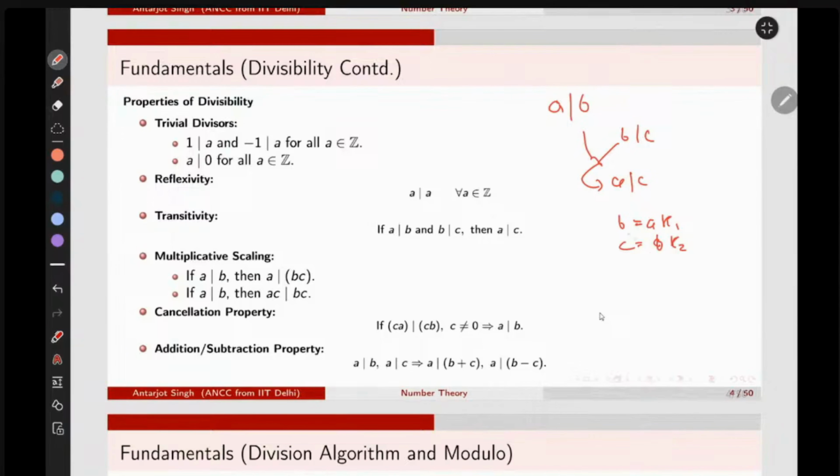We put the value of B here, so C is A K1 K2, and the product of two integers is also an integer. By the definition of divides, we can say that A also divides C.